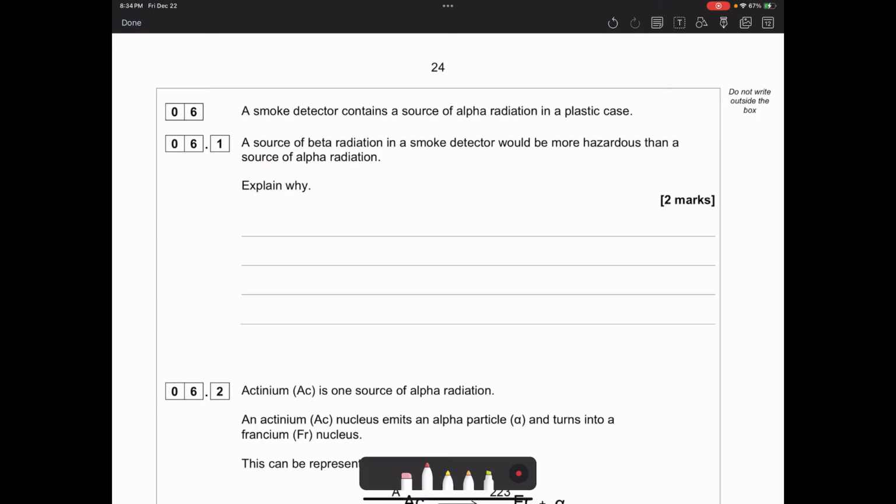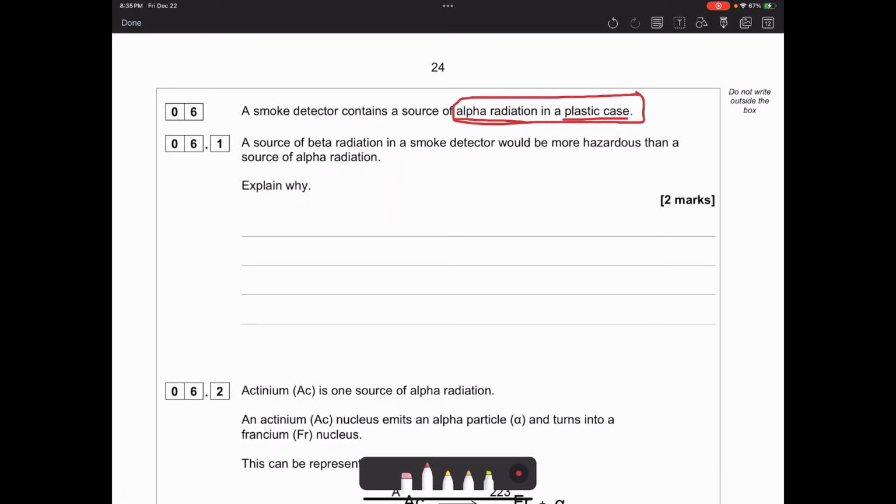Okay, so question 6 then, which is the last question on this paper. A smoke detector contains a source of alpha radiation in a plastic case. A source of beta radiation in a smoke detector would be more hazardous than a source of alpha radiation. Explain why. So most smoke detectors would use an alpha source of radiation.